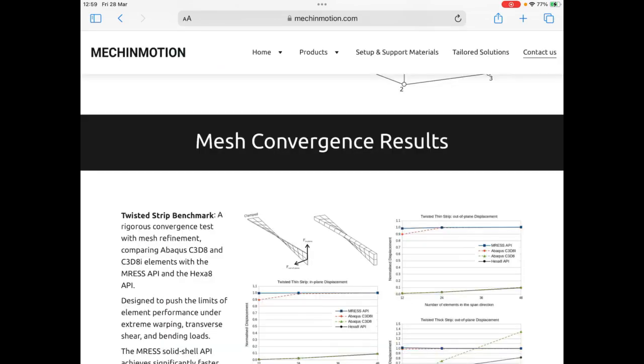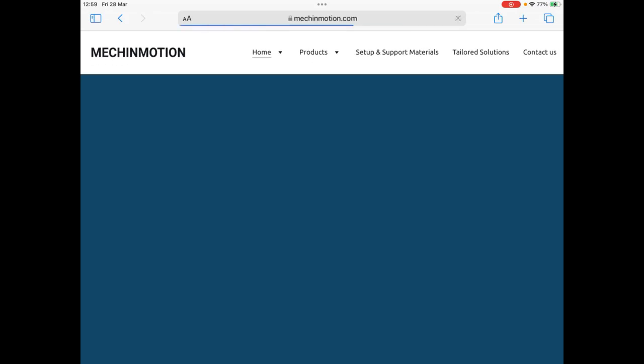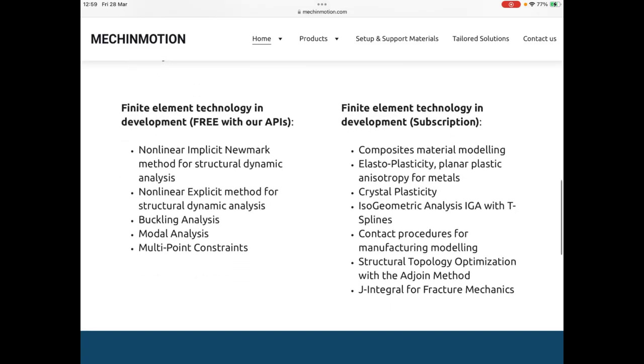So this is a type of thing we can provide. Just bear in mind that all of these finite element models for these many different problems are implemented in Fortran.